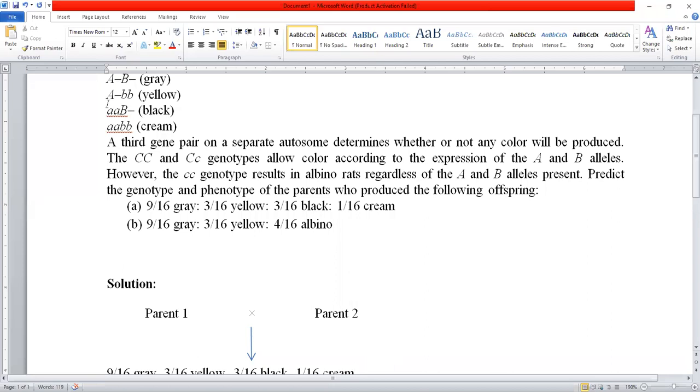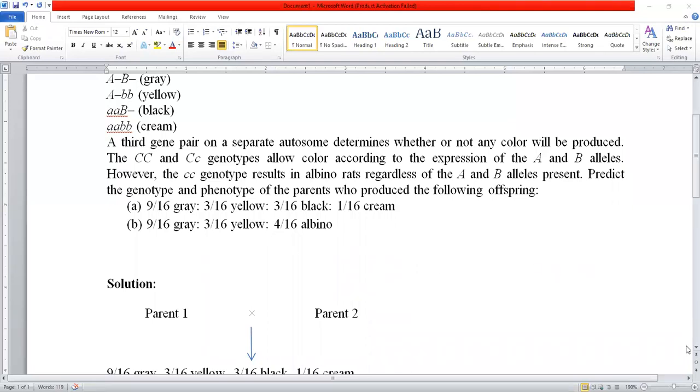If the genotype is capital A dash small b, yellow color would be produced. If the genotype is small a capital B dash, black color would be produced. And if the genotype is small a small b, cream coat color would be produced, in the condition that the capital C allele is present.